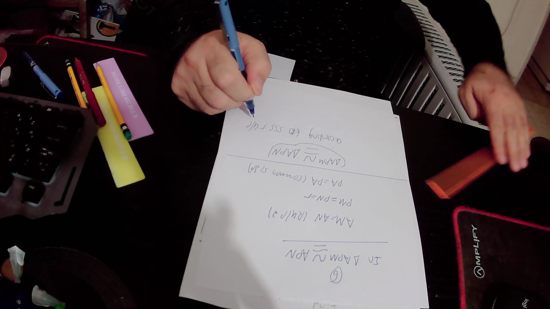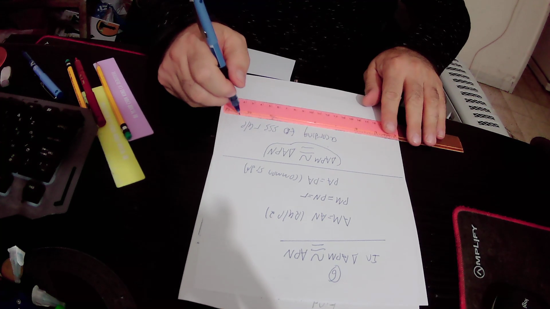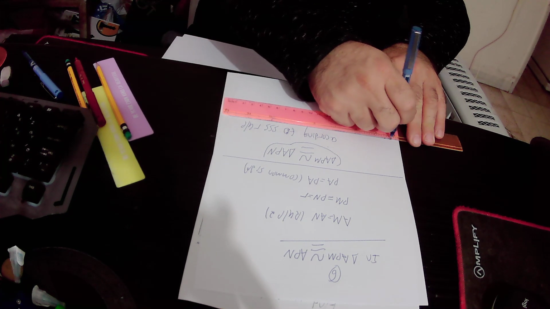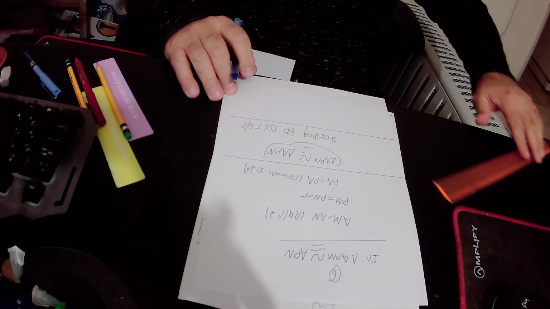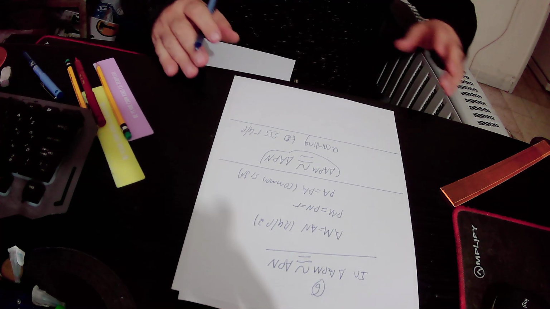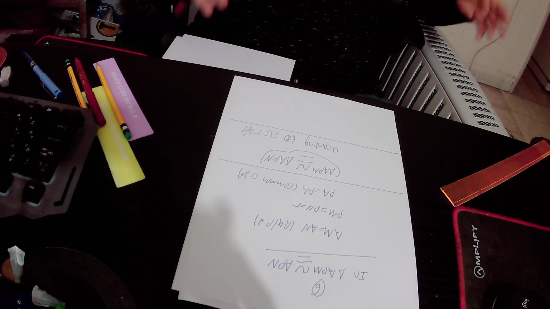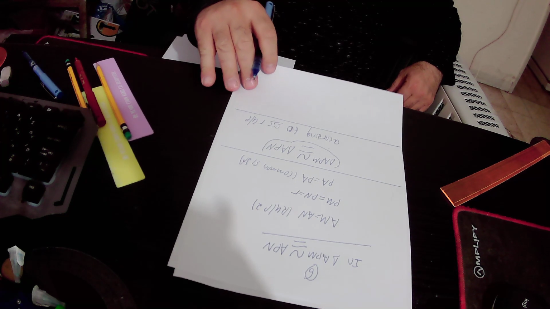So what is the side rule? The side rule is that if you prove that three sides of one triangle are correspondingly equal to three sides of another triangle, then you have proved that those two triangles can go into each other according to the side rule. Okay?